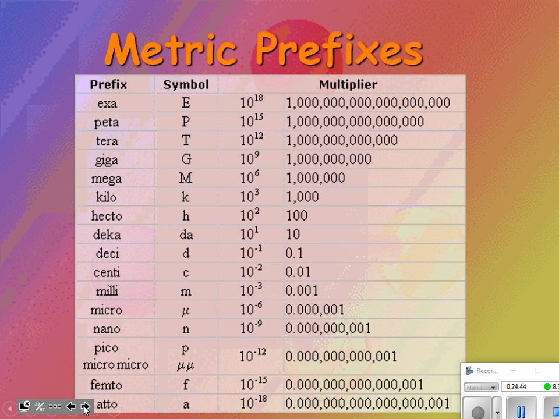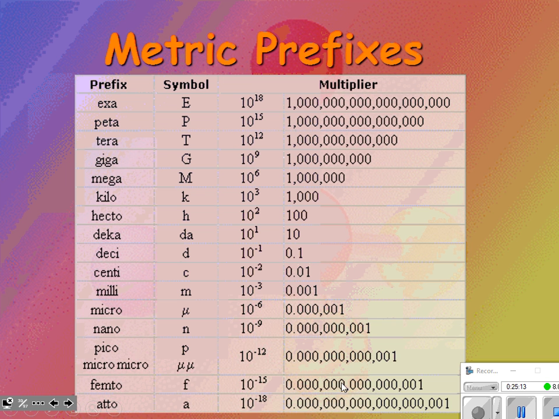Now, here are some different metric prefixes. What I'm going to give you time to do is copy these into your notebook. I'm not so concerned with this column right here, this multiplier.